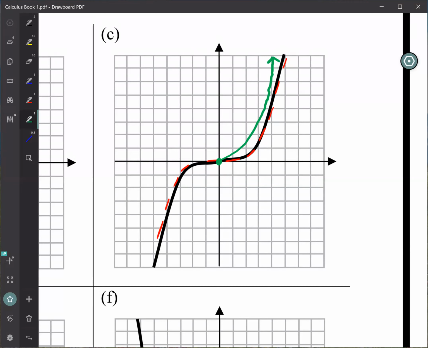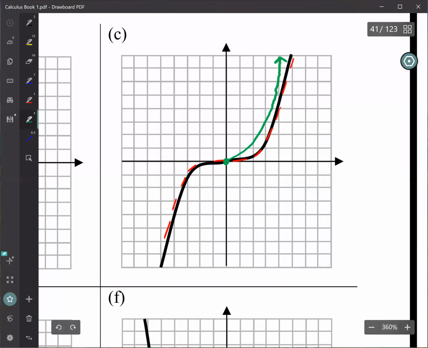Okay, now for the left side. First question is to ask, are the slopes positive or negative? Joan, on the left side, are they positive slope or negative slope? The slope of the red lines on the left side.